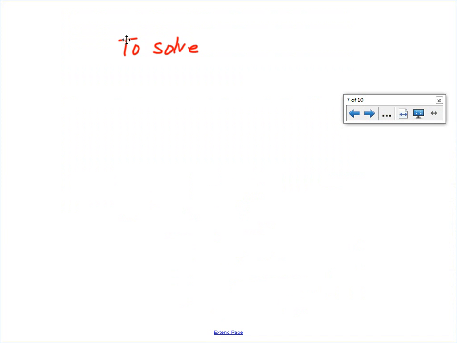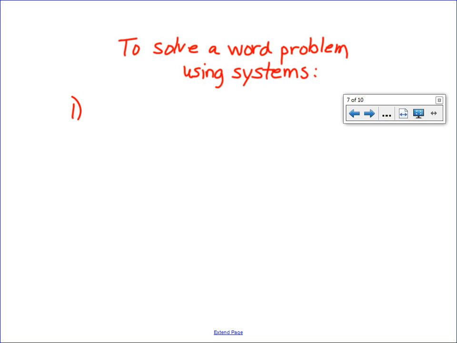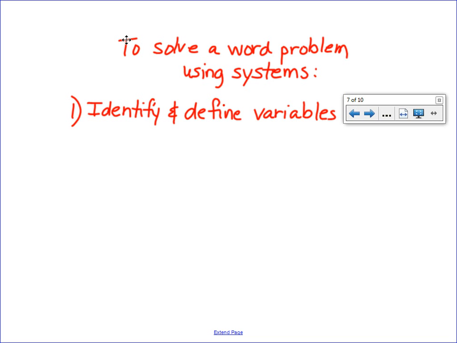To solve a word problem using systems, the very first thing that you need to do is to identify and define variables for the two, and there could be more than that, but all we will be dealing with is two unknown quantities.